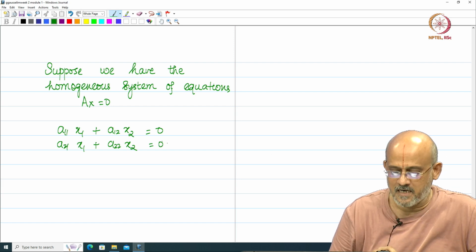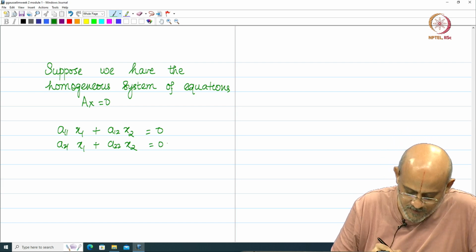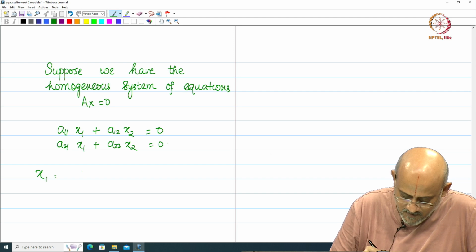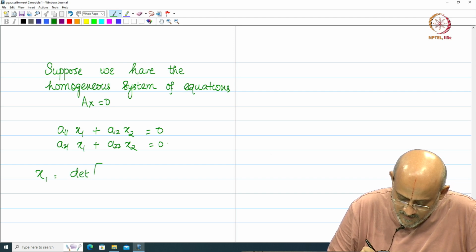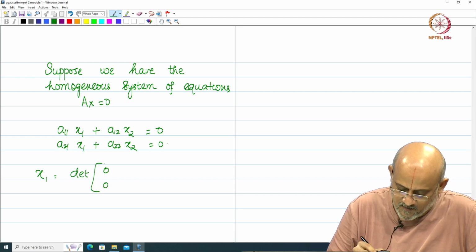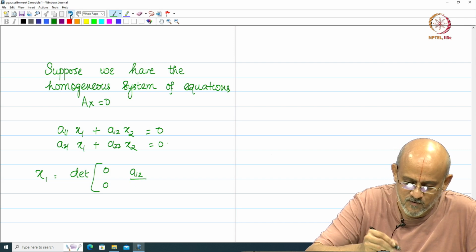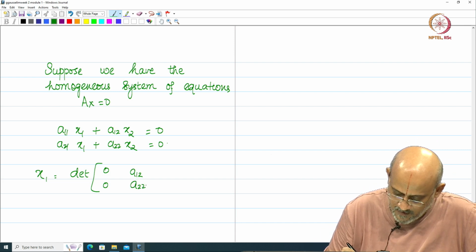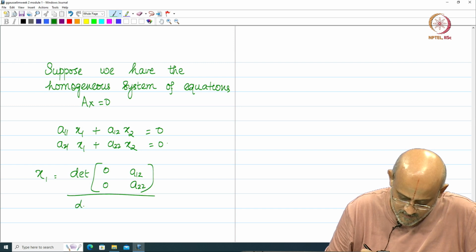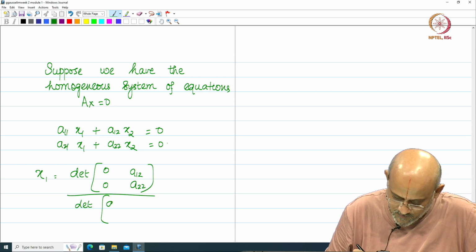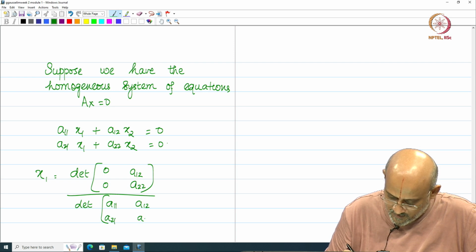Now let us employ Cramer's rule to find the values of x1 and x2. So x1 is nothing but the determinant of this matrix, whose first column is 0, then you have a12 and a22, divided by the determinant of the coefficient matrix, which is a11, a12, a21, a22.